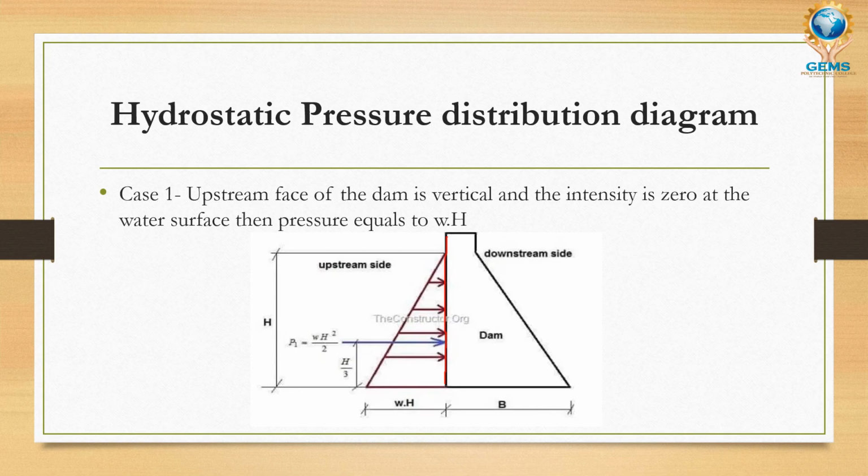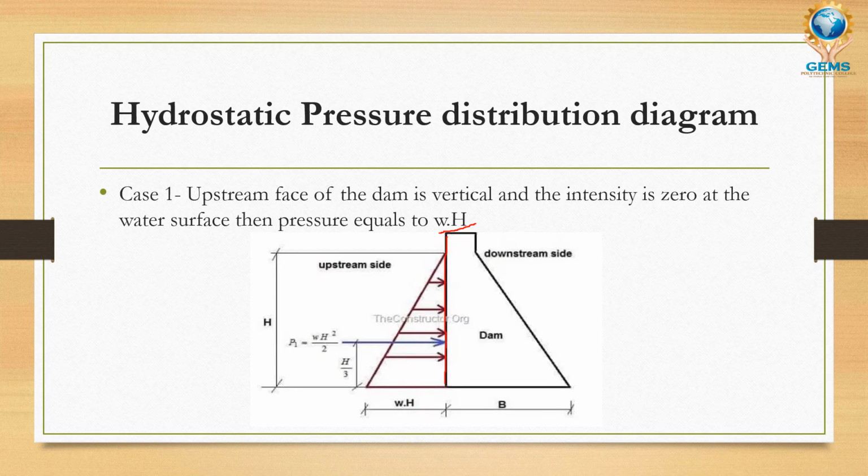Then the pressure equals wH, which means the water behind the upstream side develops a pressure equal to w into H. The pressure developed at the upstream face of the dam at the water surface has an intensity equal to 0.